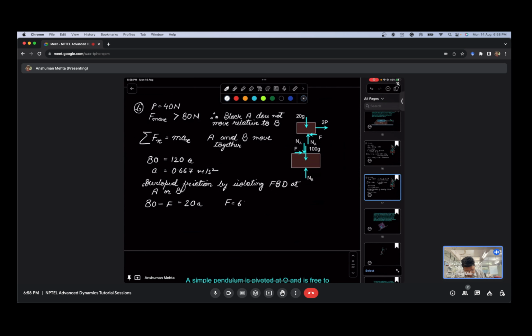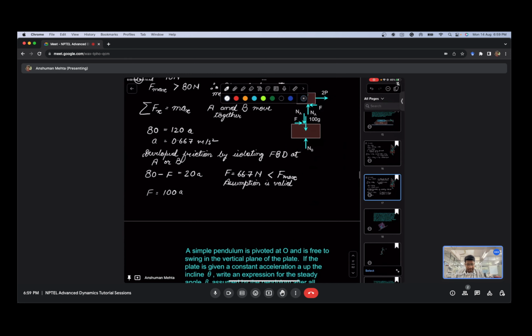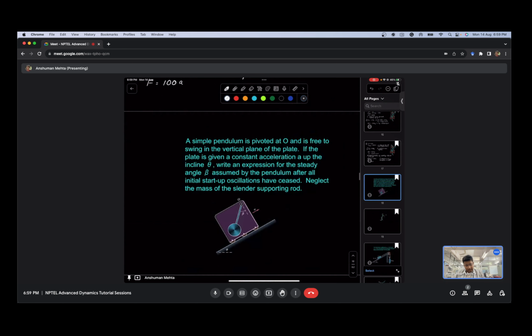F is equal to 66.7 Newton, which is less than F max. So the assumption is valid. So F comes out to be 100A. So this completes question 3. Now moving to question 4.